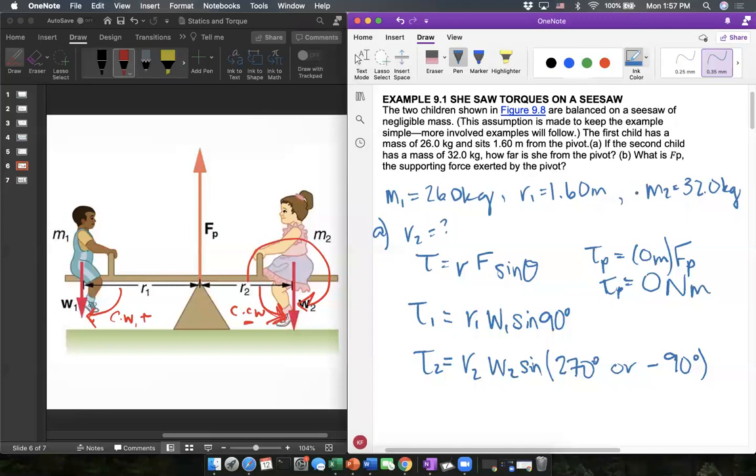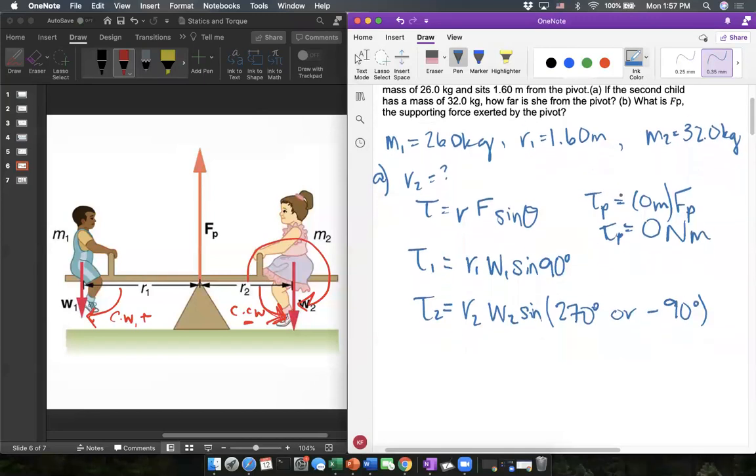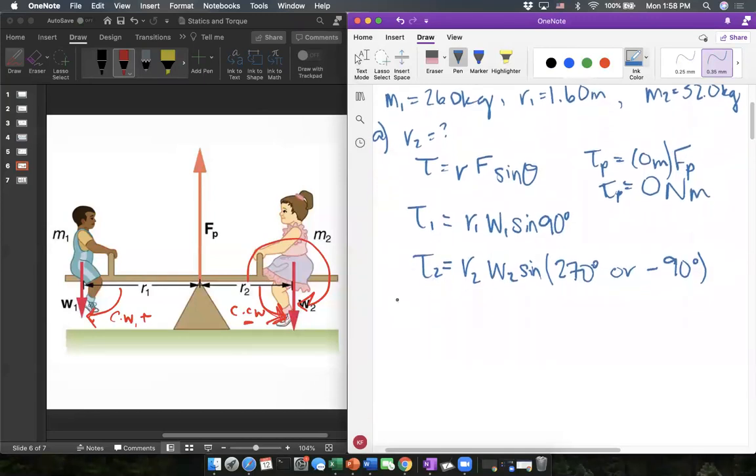Now it states that they are in equilibrium. Equilibrium, remember, states that our net tau equals 0, or tau 1 plus tau 2 must equal 0, plus the pivot point tau, but we're not worried about it in this case.